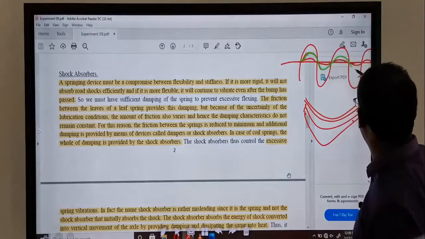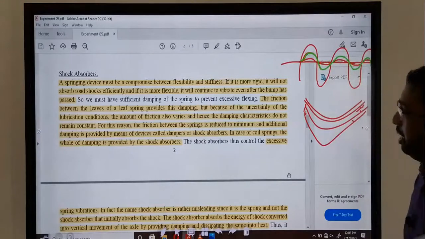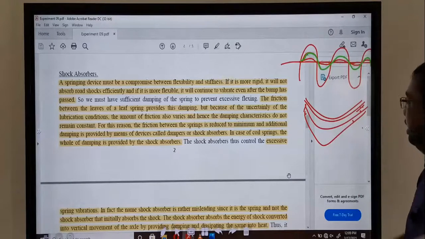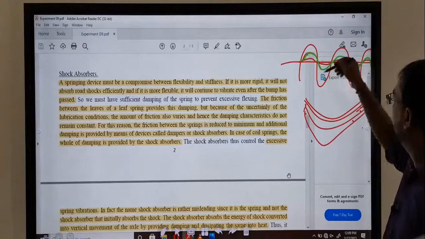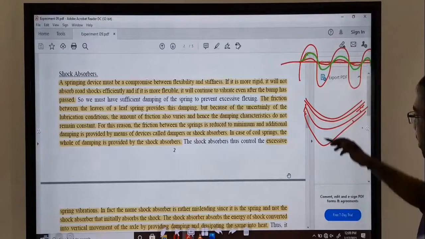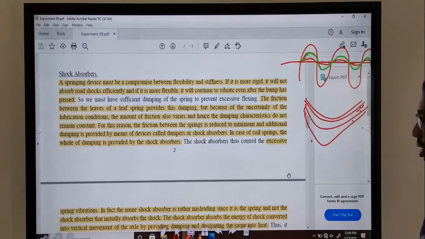This is called damping. We can reduce this oscillation. So the friction between these leaves provides this damping in the leaf springs.